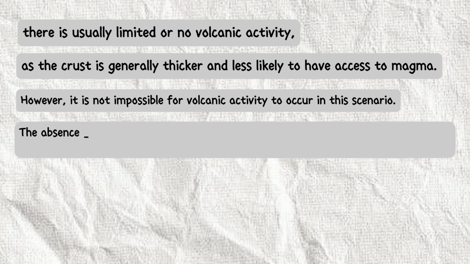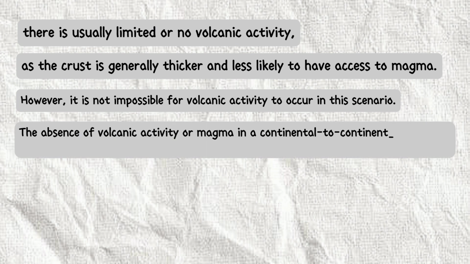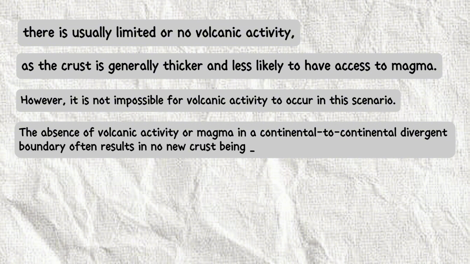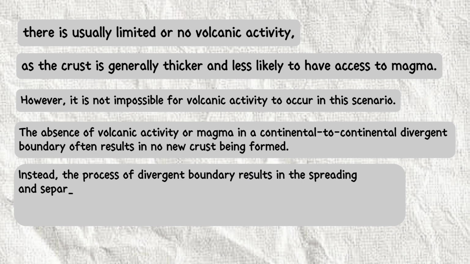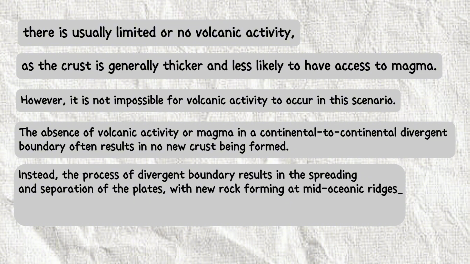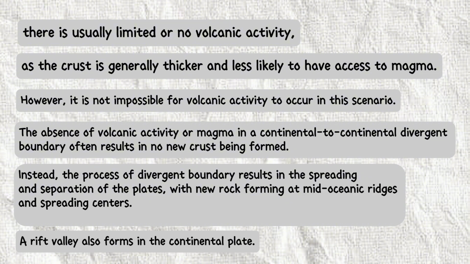The absence of volcanic activity or magma in a continental to continental divergent boundary often results in no new crust being formed. Instead, the process of divergent boundary results in the spreading and separation of the plates. With new rock forming at the mid-oceanic ridge and spreading centers, a rift valley also forms in the continental plate.